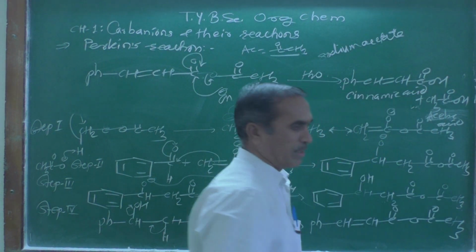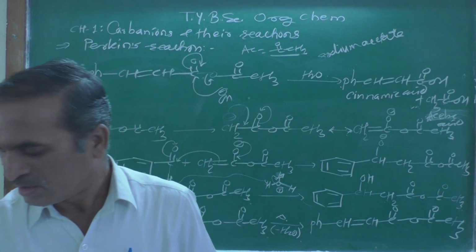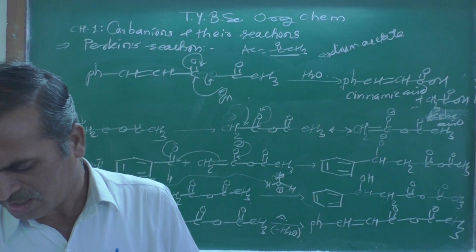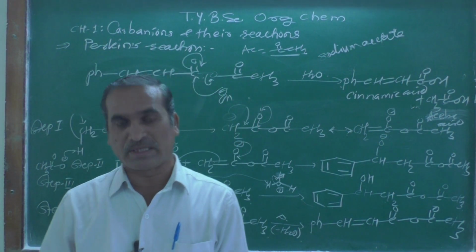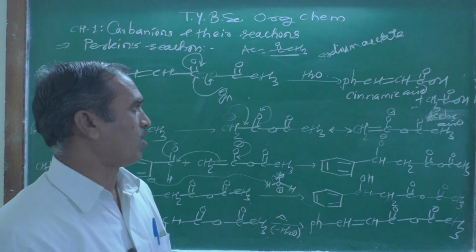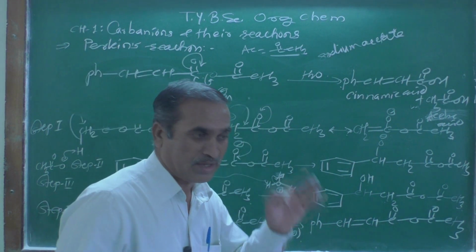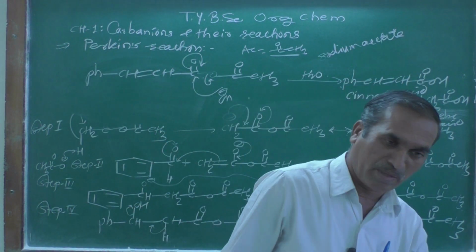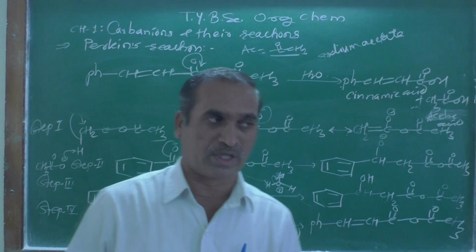So in this way we have seen how these Perkin reactions take place, and we got this type of reaction, right? Understood this? When you write notes on a Perkin reaction, at that time you have to mention what the starting material is and what reagent is used over there.